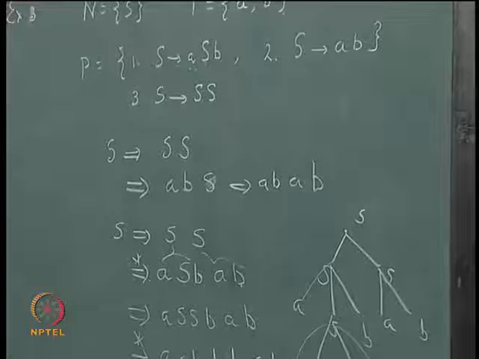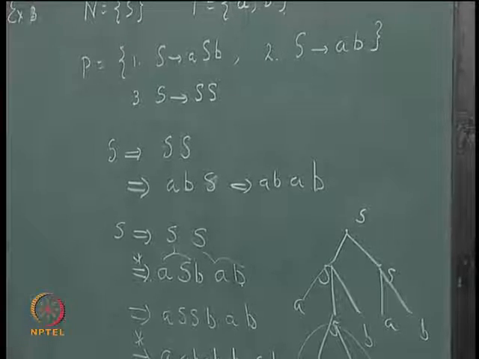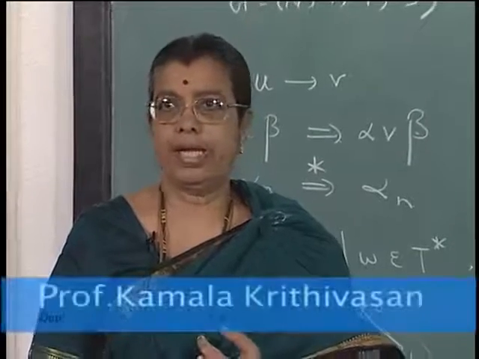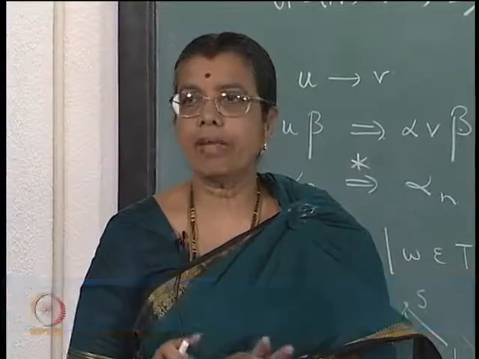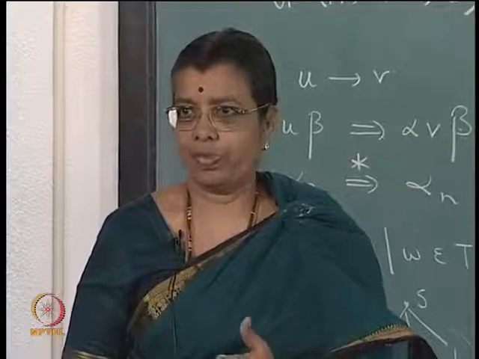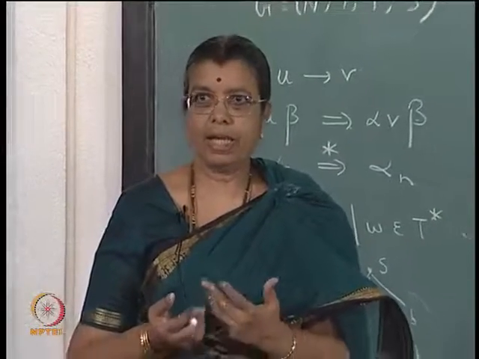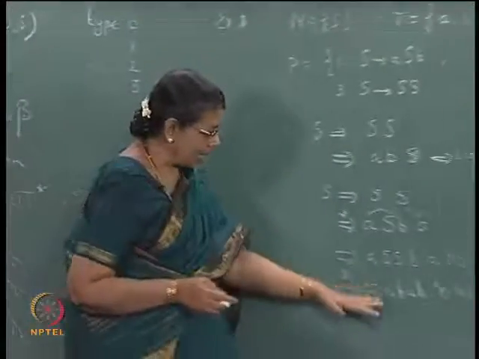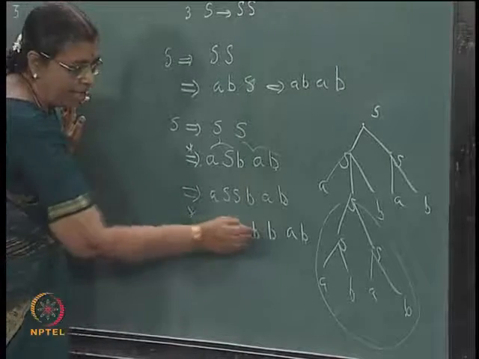Then, when you use rule 1 or rule 2, you generate 1 A and 1 B. Whether you use rule 1 or 2, 1 A will be generated, 1 B will be generated. So, the resultant string will always have equal number of A's and B's. Something more also. You cannot generate BA. Can you generate BA with this? You cannot generate BA with this. So, the resultant string generated in the grammar will have equal number of A's and B's. For example, here you have 4 A's and 4 B's.